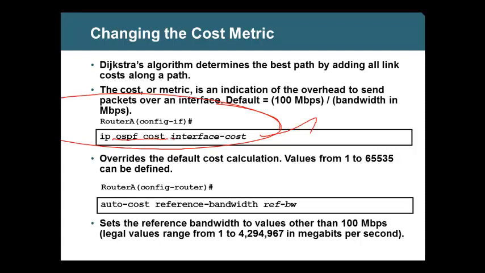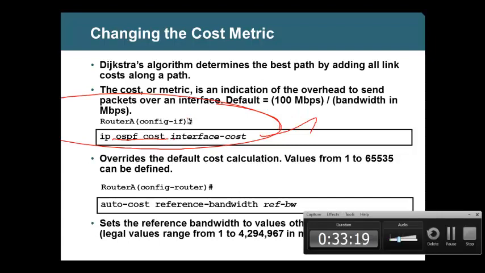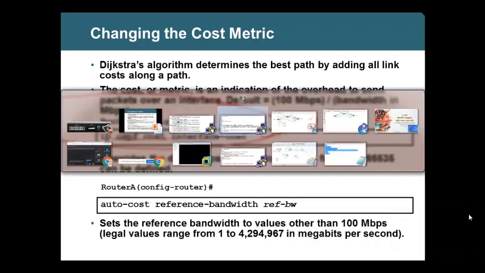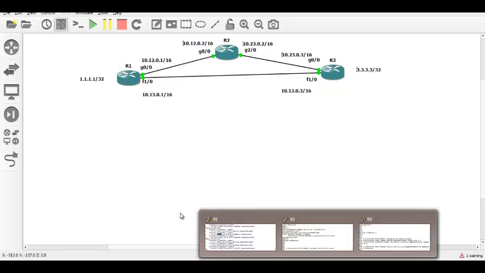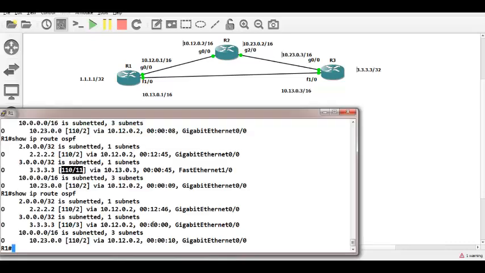IP OSPF cost. See, let me do it and show you. Right now, gig Ethernet path is seen as the best path, no? Now I'll go to this fast Ethernet and decrease the cost. Right now it is going via gig Ethernet because the cost is 3.